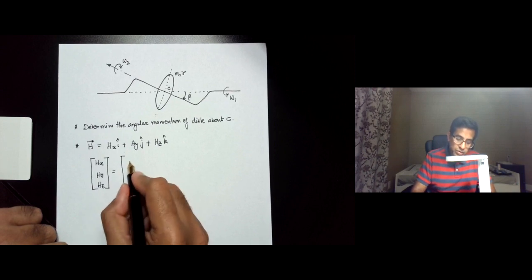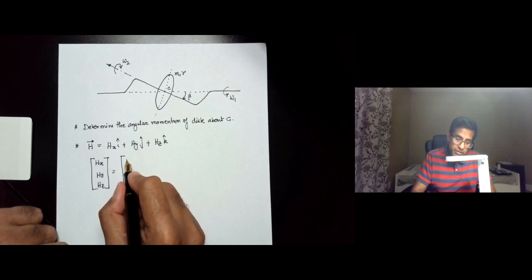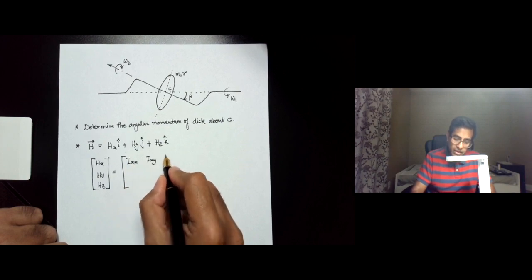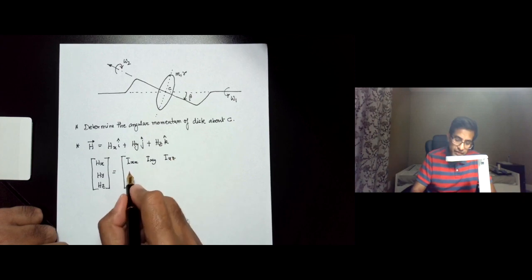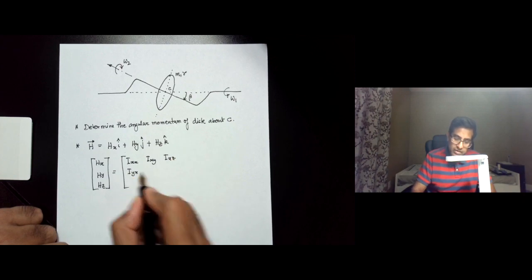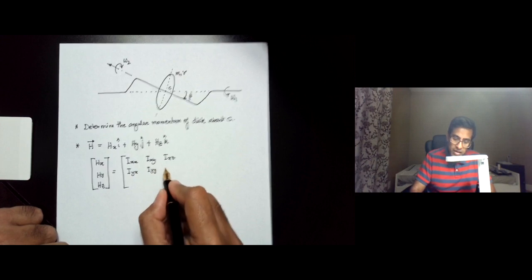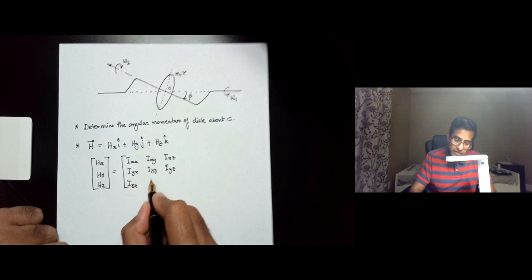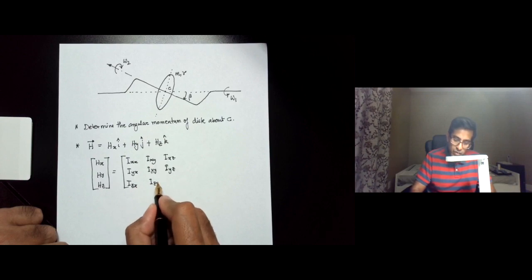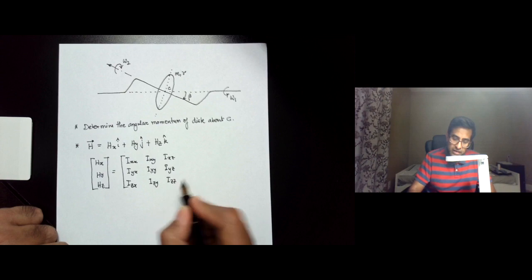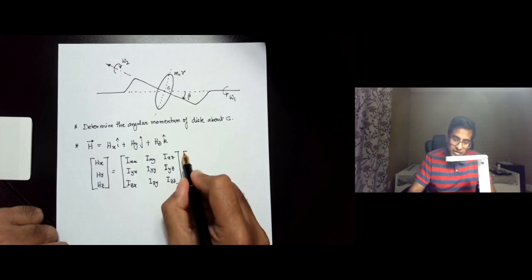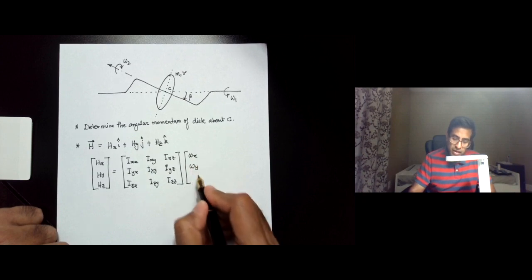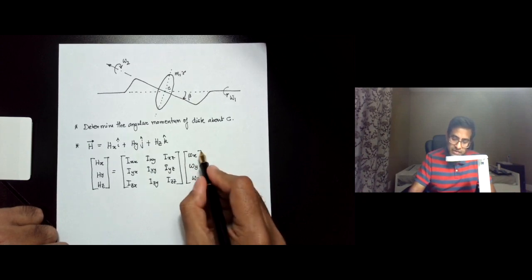Then this is equal to the moment of inertia matrix, which is Ixx, Ixy, Ixz, Iyx, Iyy, Iyz, Izx, Izy, and Izz, times the angular velocity of the rigid body about the x, y, and z axes.